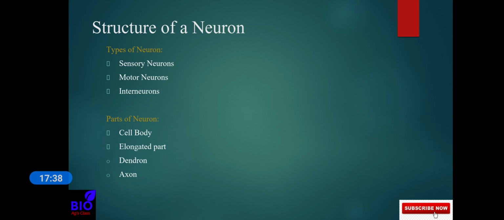That means it's a junction where the axon terminal of one neuron and the dendrites of another neuron connect, or join, or collaborate. What kind of junction? Chemical junction. That is called the synapse.